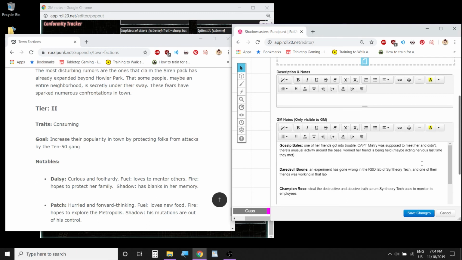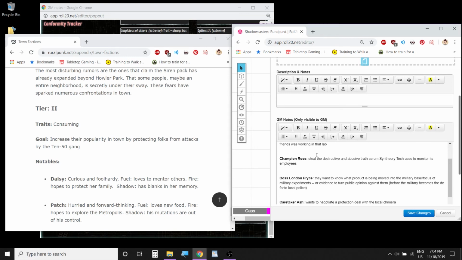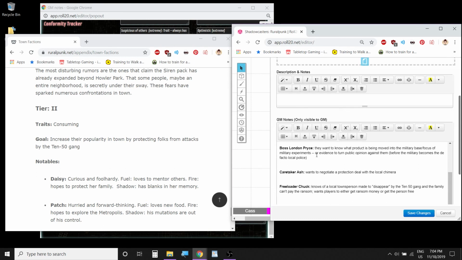So if we go through, our gossip has a missing persons that they need to find or break out. Our Daredevil has something's gone wrong in an R&D lab. Champion Rose wants a theft heist. London Price wants to investigate what's going on in the military. Caretaker Ash wants to negotiate a protection deal.